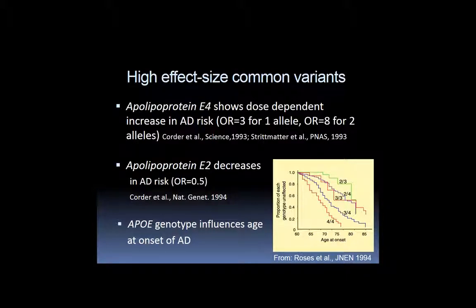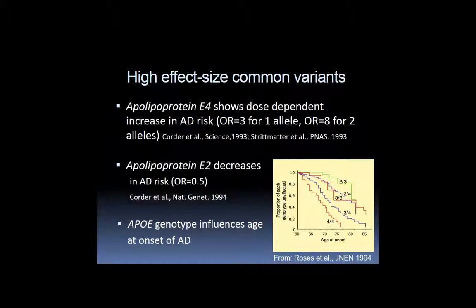But you can see that there's clearly a difference. So here's 3/4. And if you look at the other end of the extreme, here's 2/3. By age 80, maybe 50% of these people have developed Alzheimer's disease, whereas it's close to 100% of 4/4s.